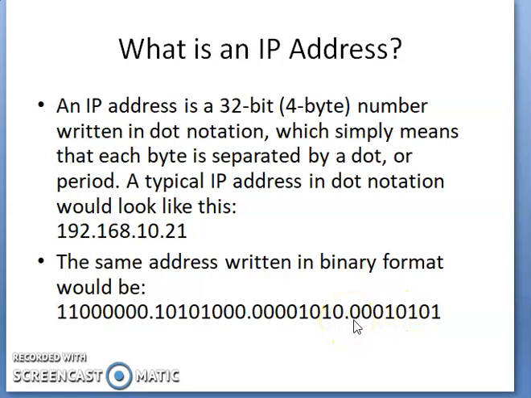We can convert each of these 8 bits into decimal numbers. Like we can see here, the same number has been converted into decimal and written separated by dots. So this is an IP address, and internally within the computer it looks like this, the binary format.